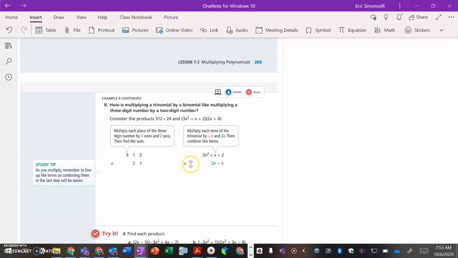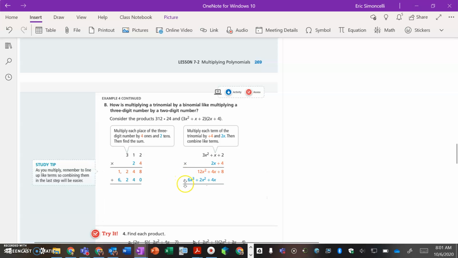So what we can see here, and I hope it's apparent, and it does relate to something we've done in the past, is that you multiply each place of the 3-digit number by 4 ones and 2 tens, then find the sum. Okay, so let's follow along here.